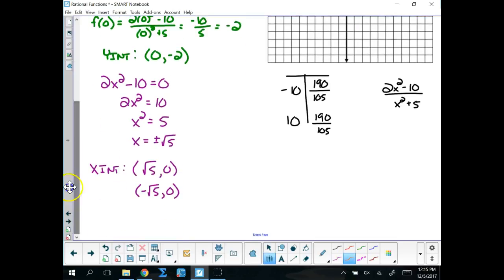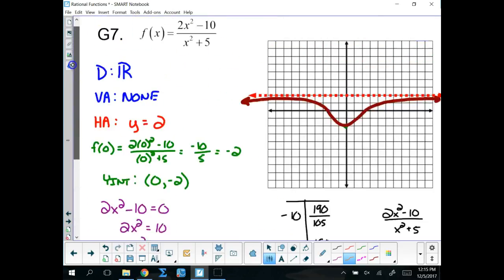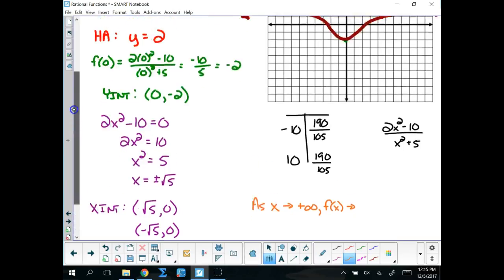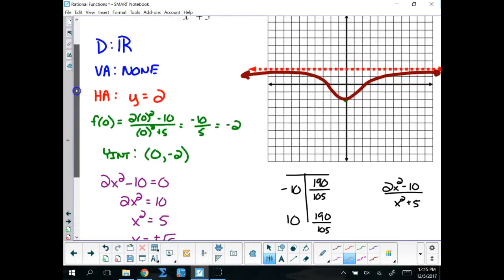End behavior. As x goes to positive infinity, where does my function go? Two from below? Yep, I would agree with that.